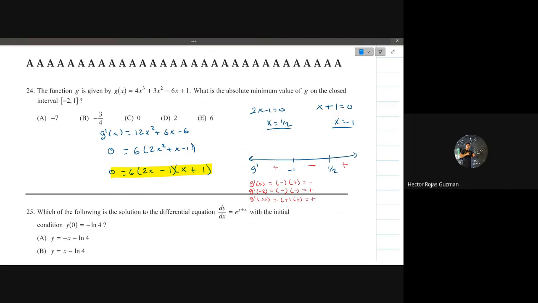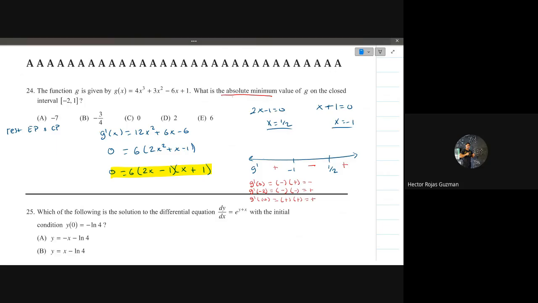Oh, the question was saying, what is the absolute minimum? We didn't even have to do the number line. Sorry, guys. We just needed to test our endpoints and our critical points. But it's okay, because maybe I can still use what I learned from the number line.